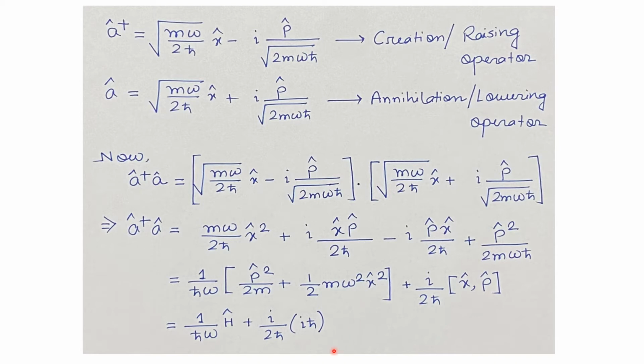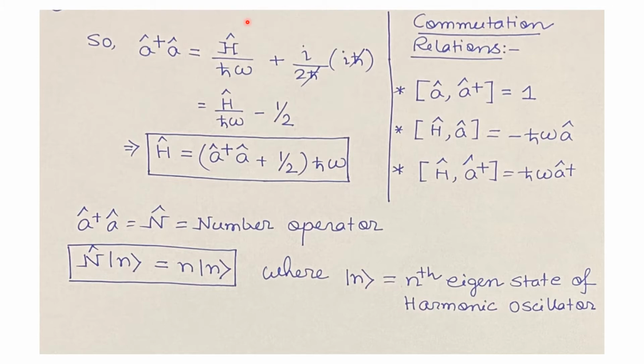So we can write it as H cap, that is the Hamiltonian operator, divided by h cut omega plus i by 2 h cut times i h cut. Here i h cut is coming due to the commutation relation between the x cap and p cap operator. So the A cap dagger A cap equals H cap divided by h cut omega plus i by 2 h cut times i h cut.